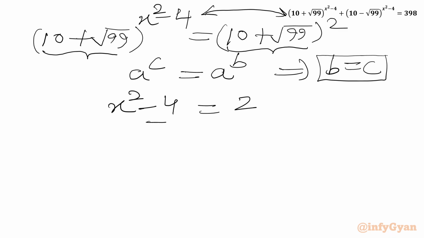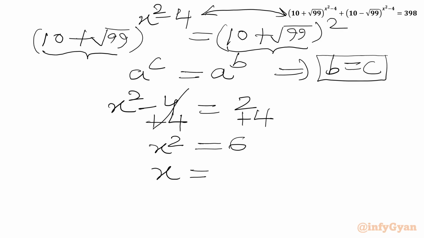Let us add 4 to both sides. So we will write plus 4 here. Now plus and minus 4 will be over from LHS. We will write x square equal to 2 plus 4 is 6. Now we will consider square root both sides and we will get first two real solutions plus minus square root 6.